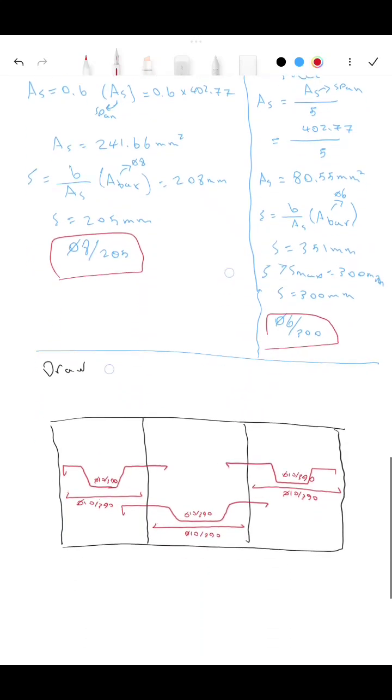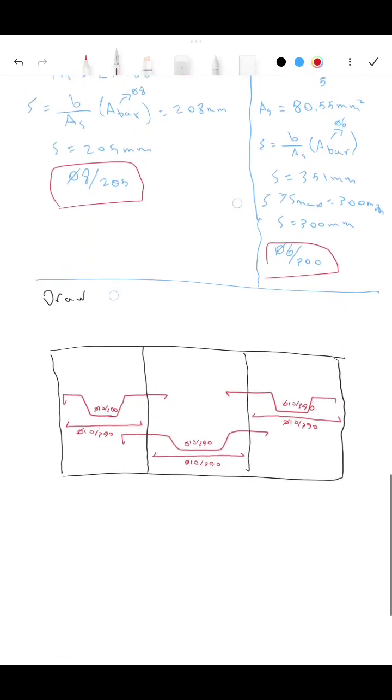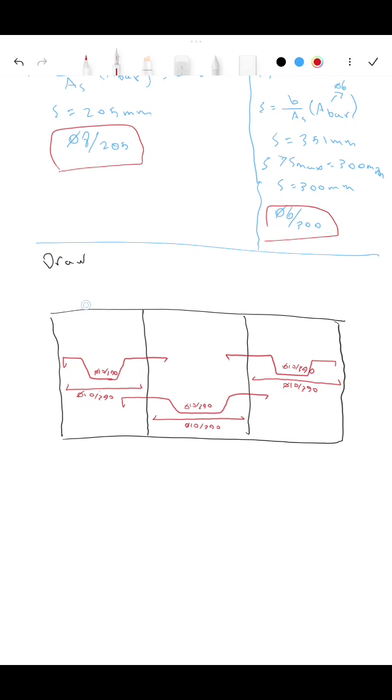We have phi 10 divided by 205. This is for the supports in this direction, so we will draw it like this. Okay, let's change the color; let's draw it in blue. It will be like this, and it will be from both sides.